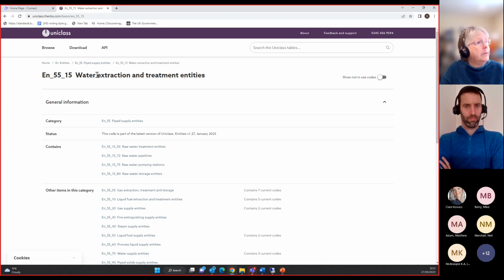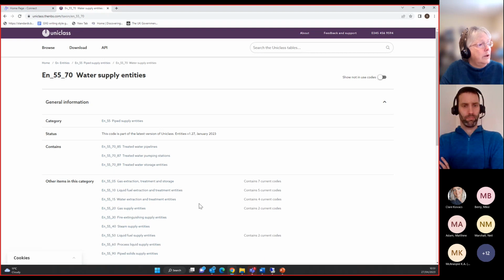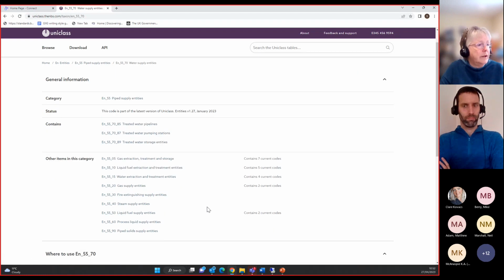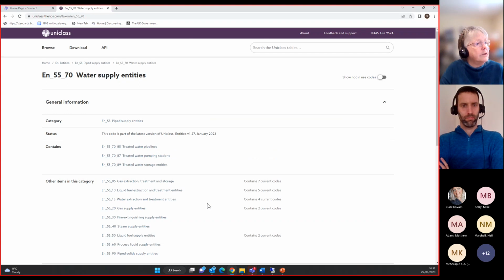And then if I go back and look at the water supply, you've then got treated water, treated pumps, and treated water storage entities. So everything is organized, hopefully in a logical way, which helps you find the appropriate areas that you want.